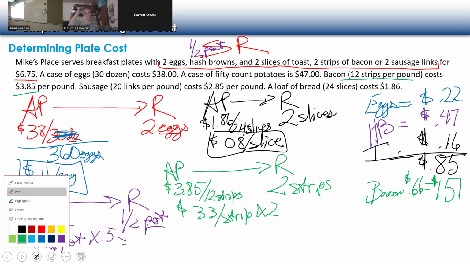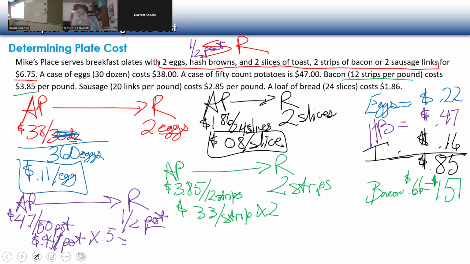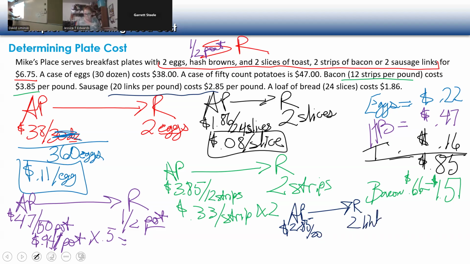Last one. For sausage. Woo, we're getting full here. AP to recipe. Our sausage is 20 links and costs $2.85. So $2.85 for 20 links, and I need 2 links. My units are the same. I'm good to go. That's 15 cents per link.